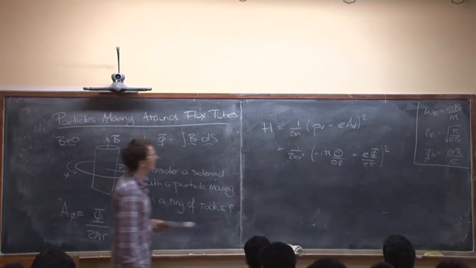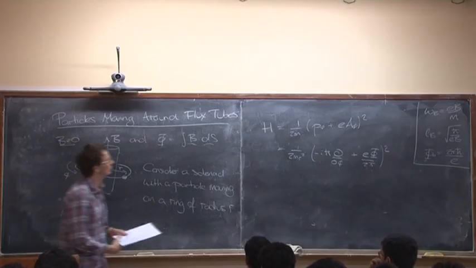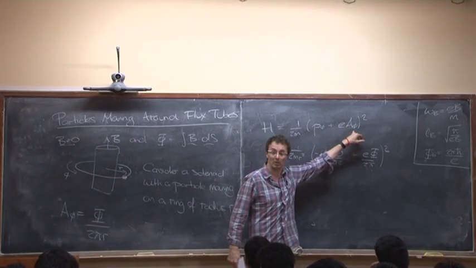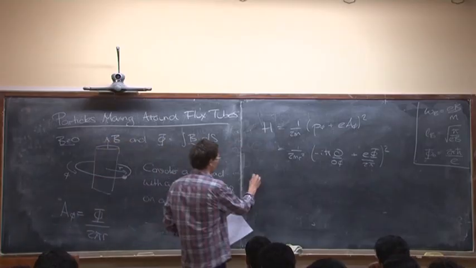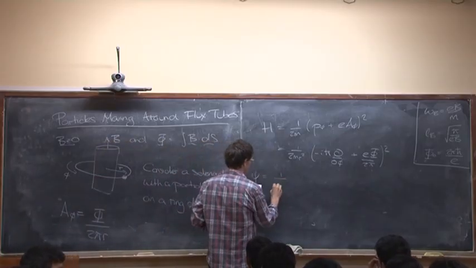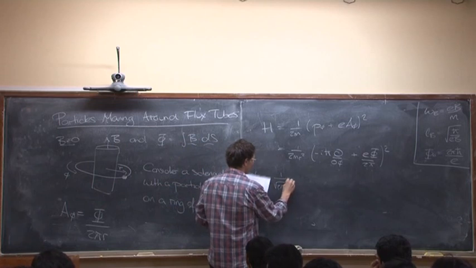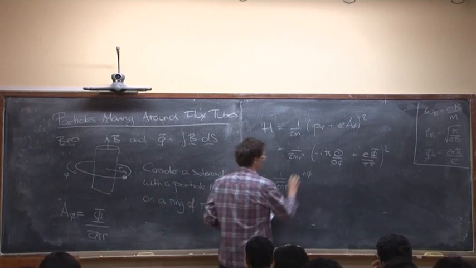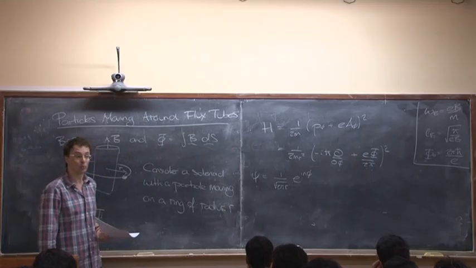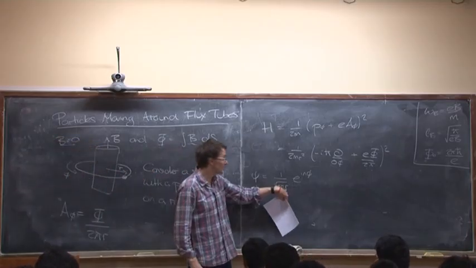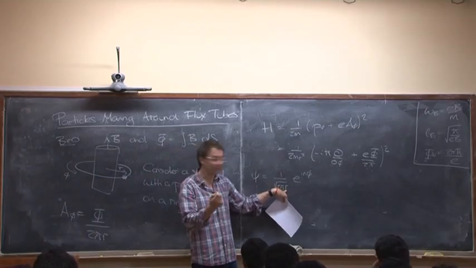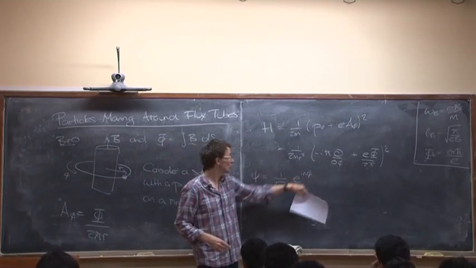So the Hamiltonian is very straightforward, it's just momentum squared plus the gauge field. And the eigenstates are very easy, they're just the same eigenstates that we would usually use for a particle on a circle. r is not dynamical, remember. r is just the fixed radius. φ is the dynamical degree of freedom.